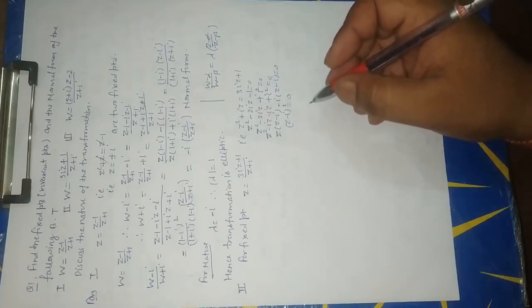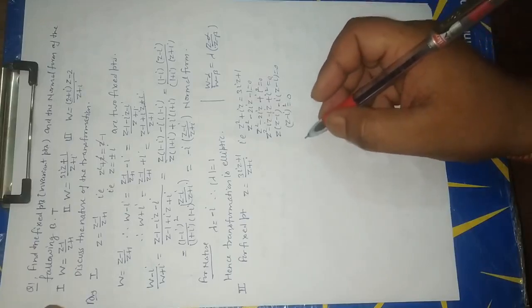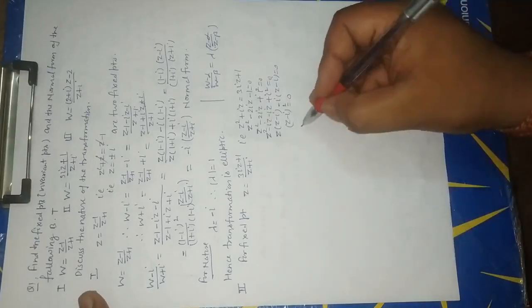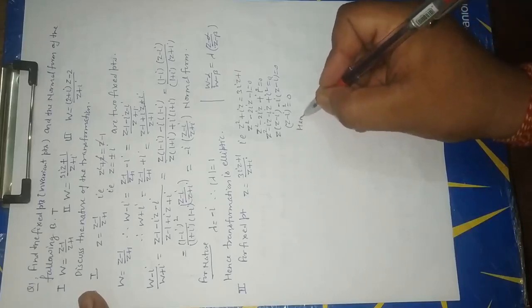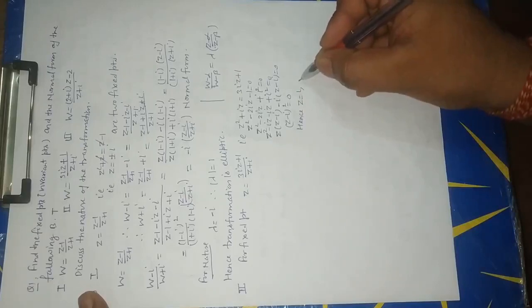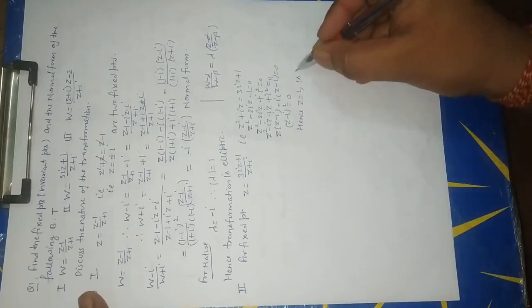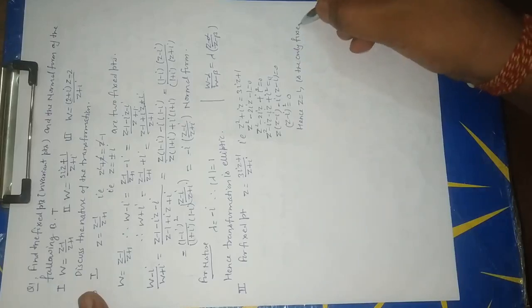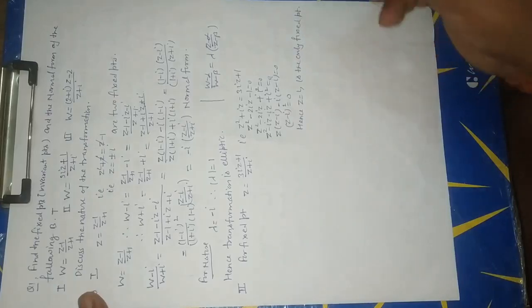That is Z is equal to i is the only one fixed point. Hence Z equal to i is the only fixed point.